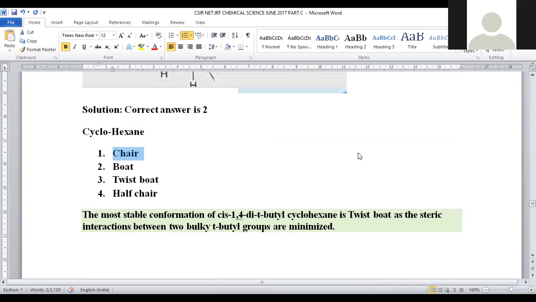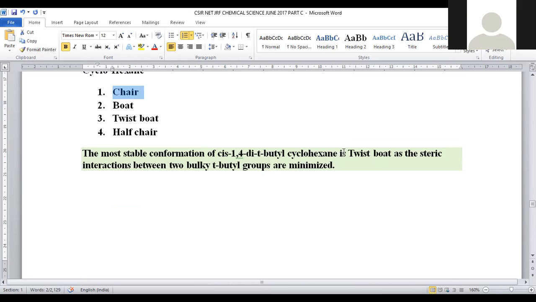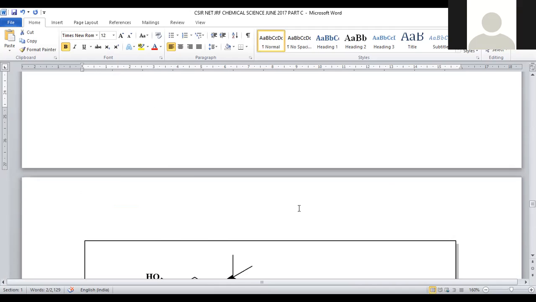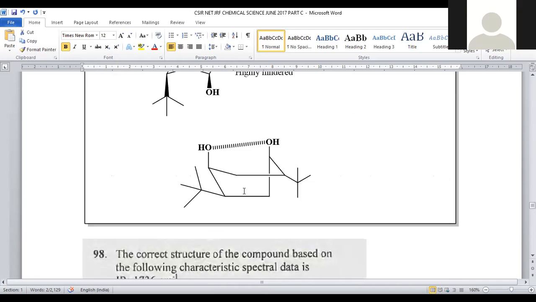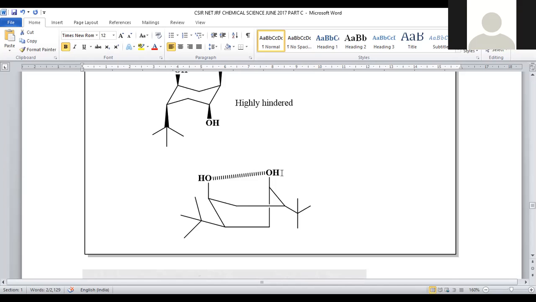what kind we are adopting. We are adopting this type of boat form, right? It is not the straight boat, it is the twisted boat form. In this twisted boat form, the hydroxy groups are inclined in such a way that there is close proximity and hydrogen bonding is possible. Whenever any molecule participates in hydrogen bonding, it gains extra stability.